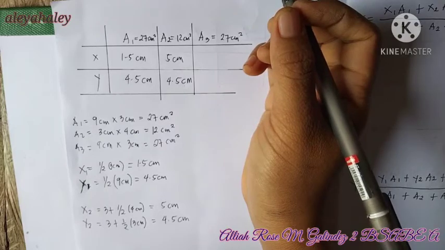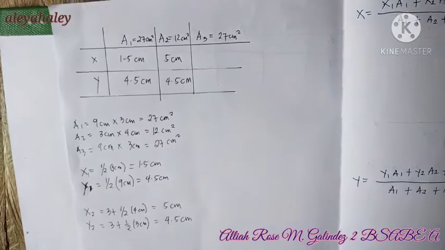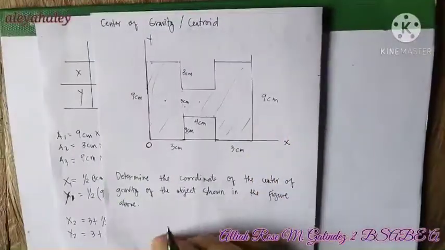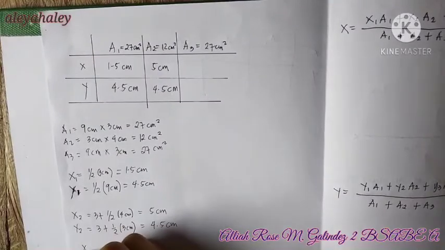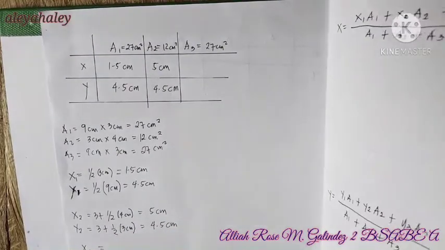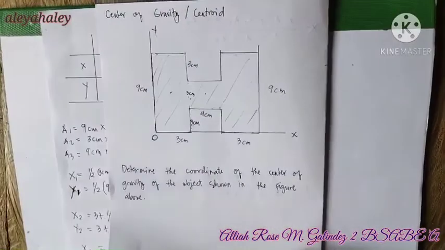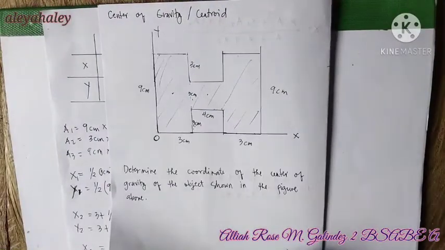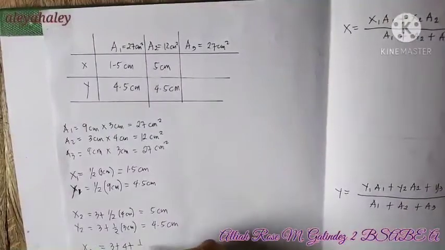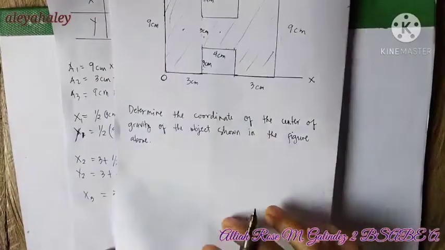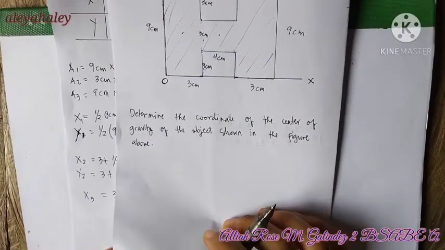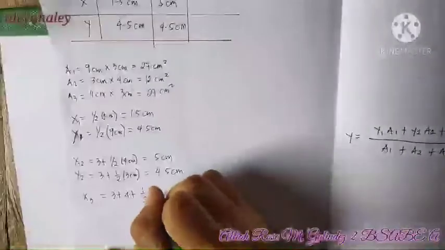Next, for area of part 3, we have 9, still 9 by 3. So for the x of 3, we have 3 plus 4 plus 1/2 of 3 centimeters.